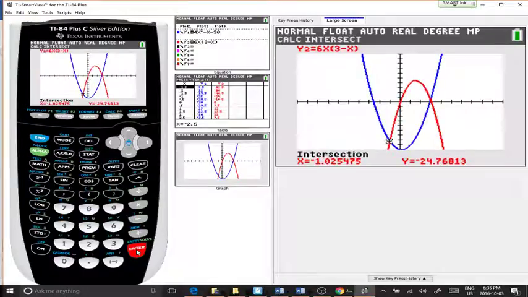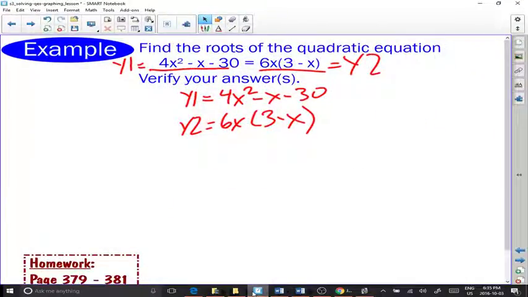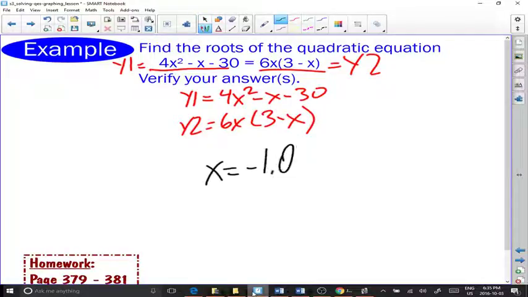Now, we don't really care about the y values, we just care about the x values. And we're not going to do anything with these, so we could just round to 2 decimal places right off the hop. So what we're really interested in is the negative 1.02, which is rounded to negative 1.03. So x equals negative 1.03.